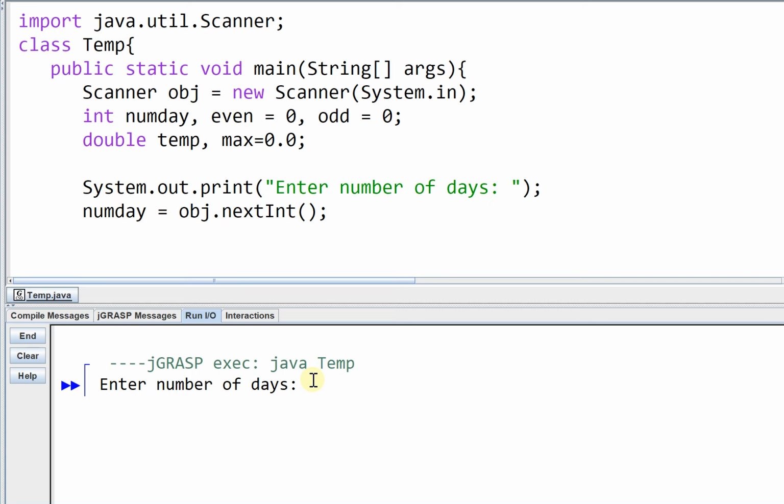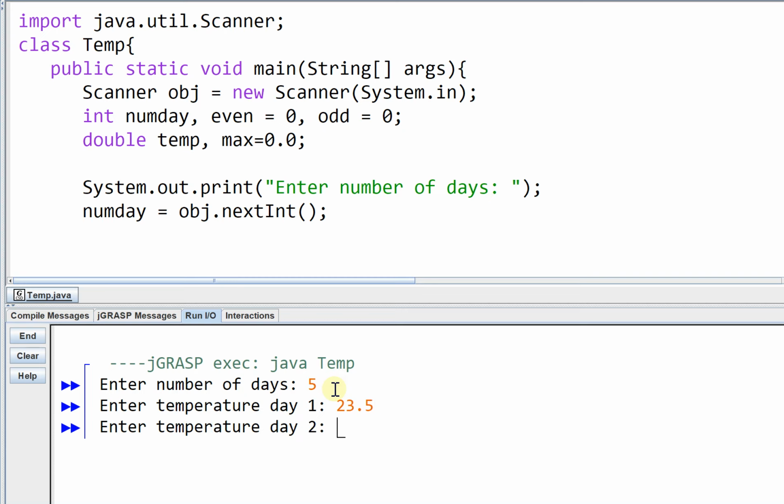Enter. Now the first temperature for day 1 is, let's say, 23.5. You enter, and then the second temperature for day 2 is 21.